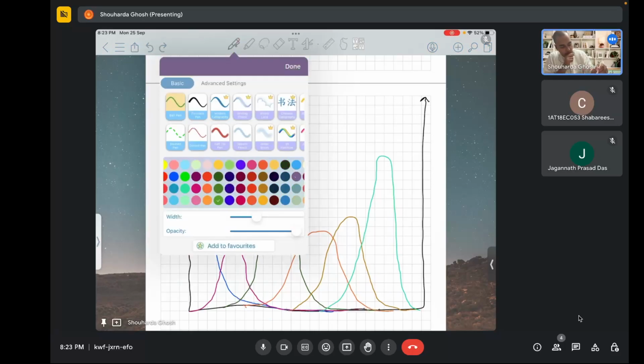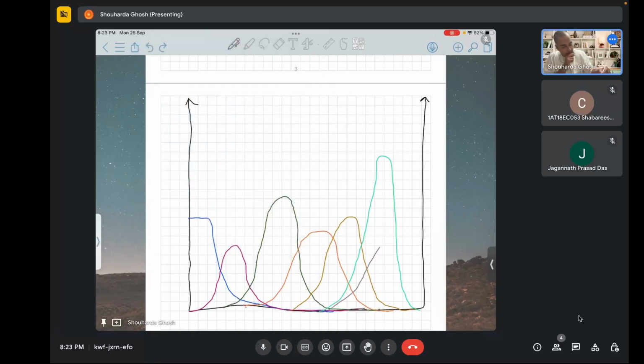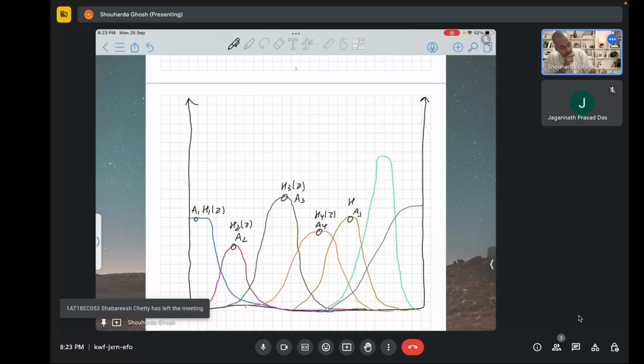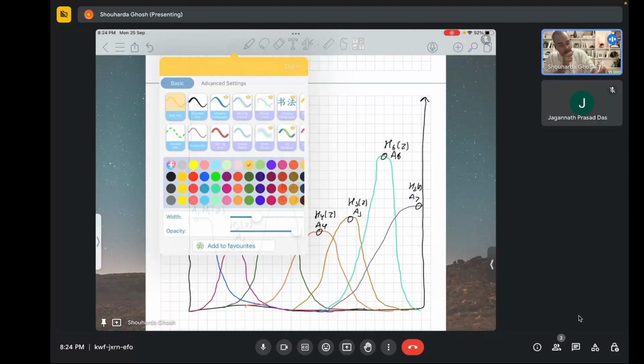Oh sorry, same color. What color should I choose? Okay, let me choose this. Let me write the names down. h1 of z, its gain is a1, a2, h2 of z, a3, h3 of z, a4, h4 of z, a5, h5 of z, a6, h6 of z, and a7, h7 of z. So how does the overall response look like?